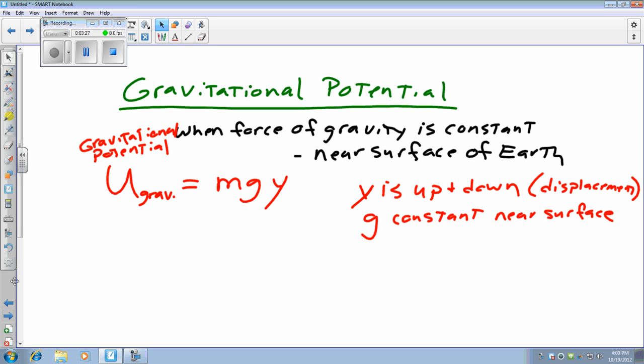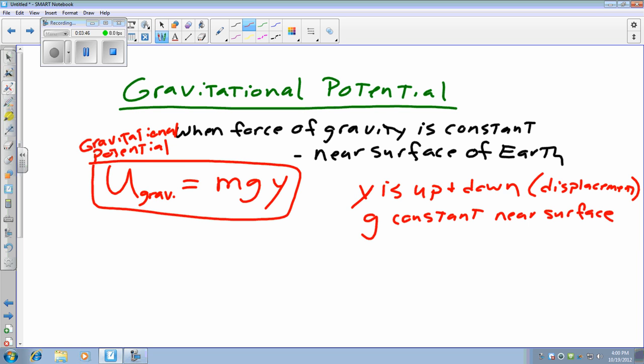Usually we use the surface or the ground, but it may be convenient to use a tabletop or something else as our zero, because if you're looking at the change in potential energy, you can set up the coordinate system any way that's convenient. So, gravitational potential near the surface of the Earth is mgy. Y is, of course, the vertical displacement.